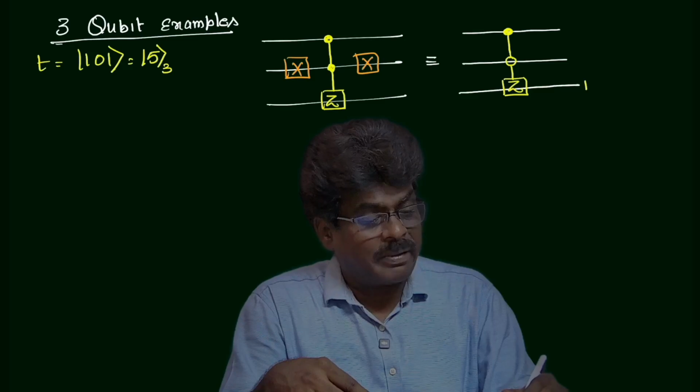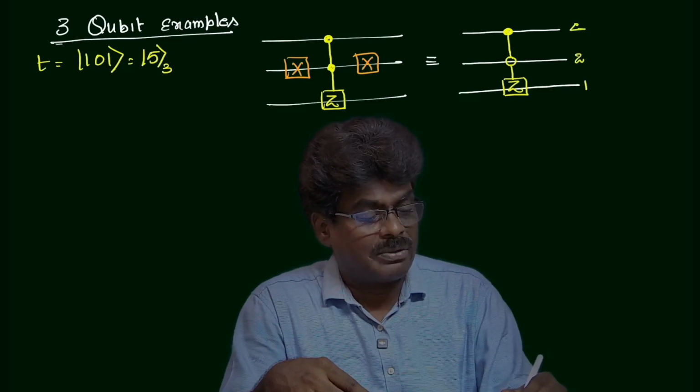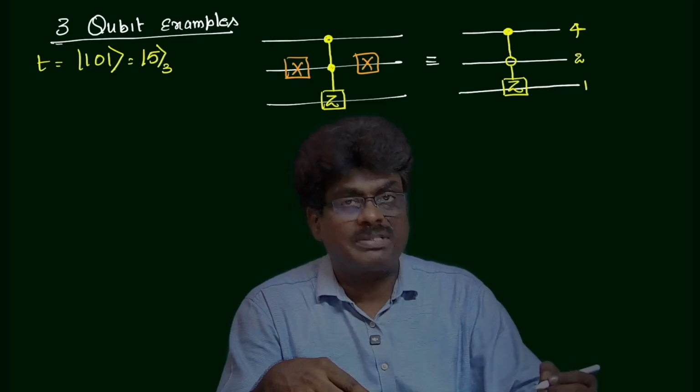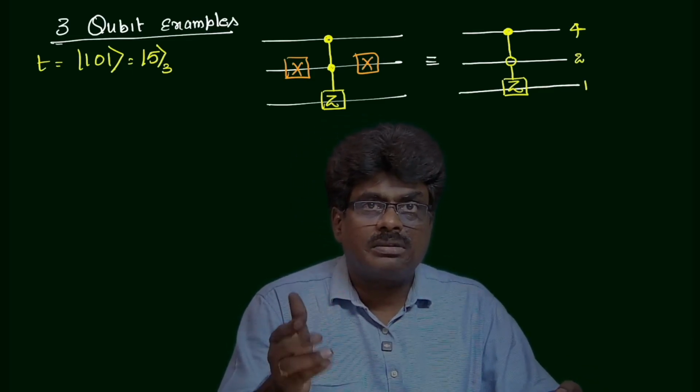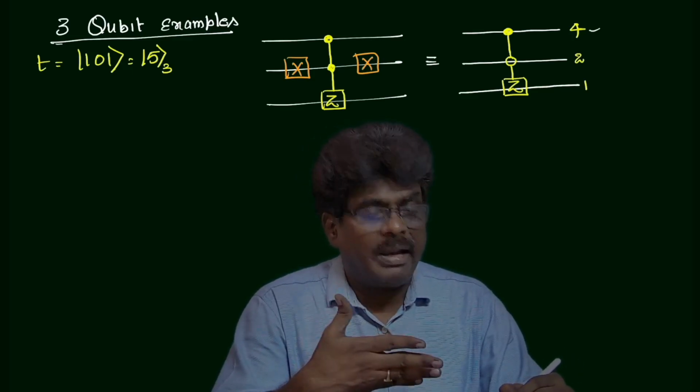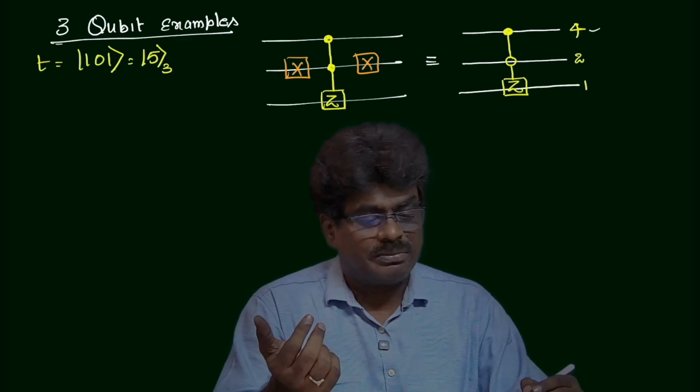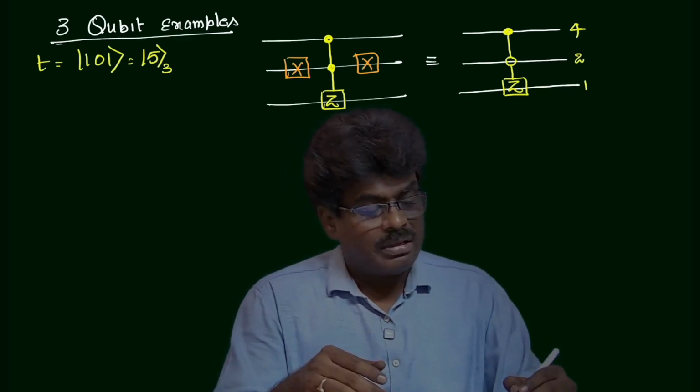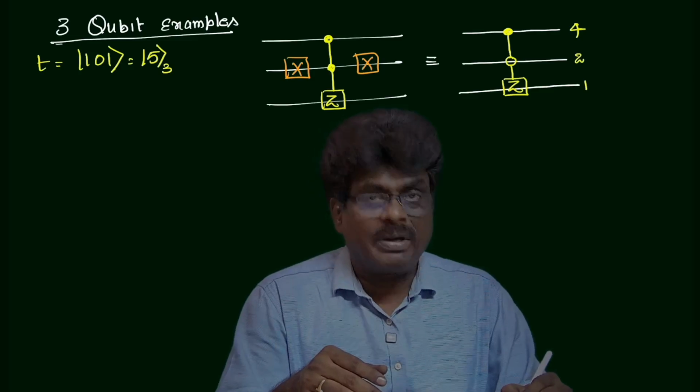So I have already explained how to solve these quantum circuits in decimal state notation. Control means you just add that decimal state, and anti-control, don't consider that. So let me explain. Here 4 is control and 1 is target.